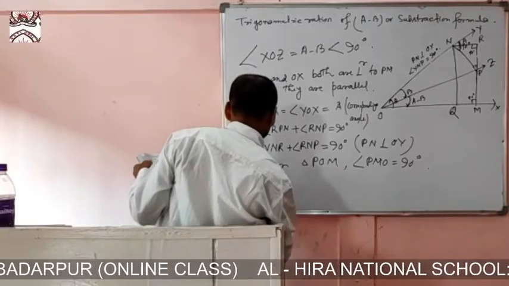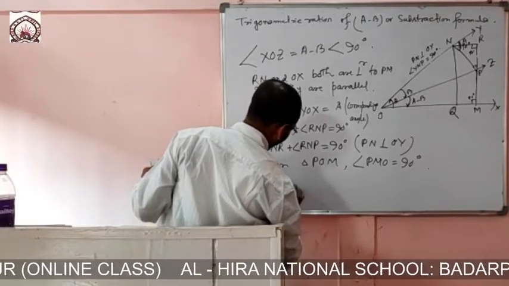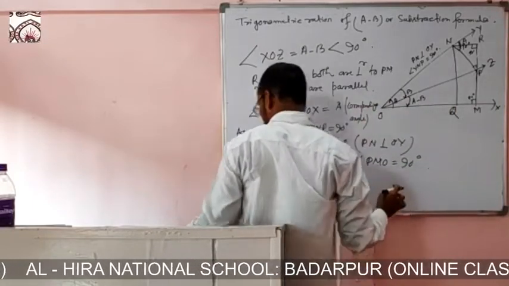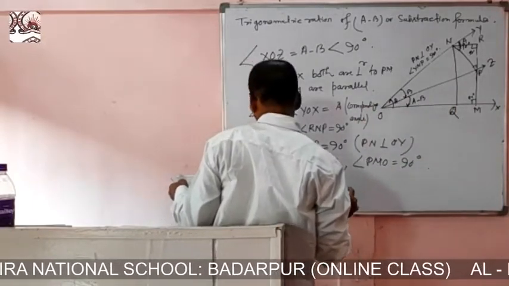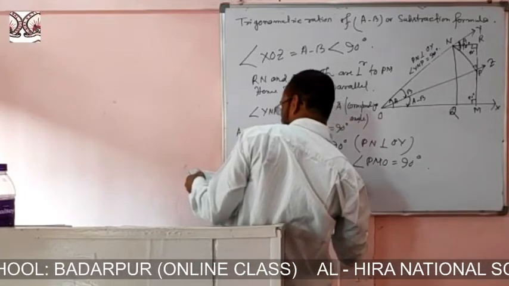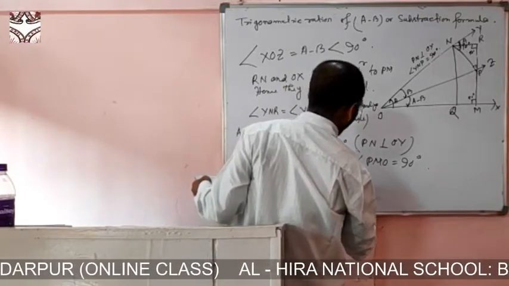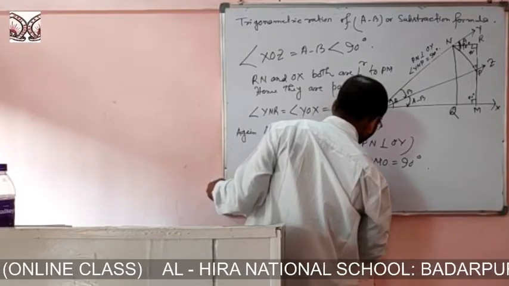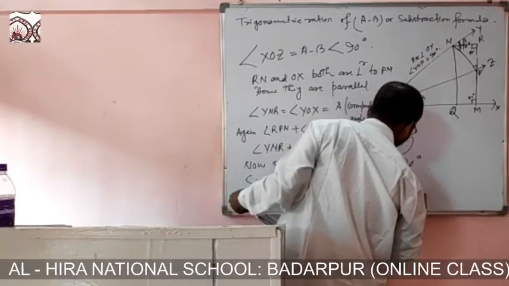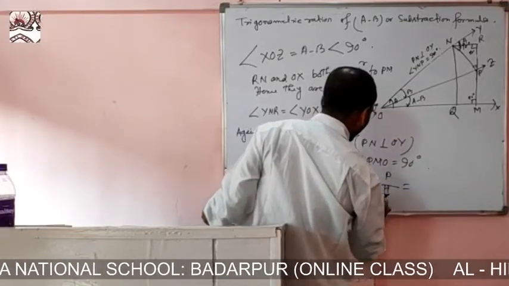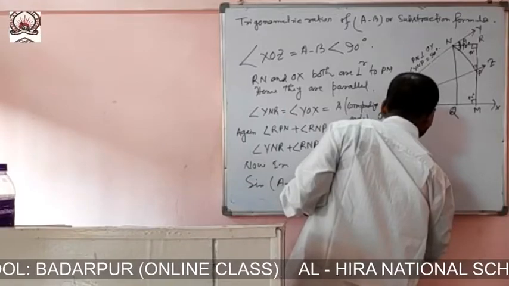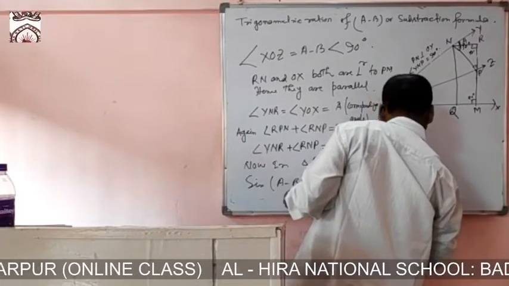So now sin A minus B will be the sine of angle POM, and in triangle POM the perpendicular is PM and the hypotenuse is OP.